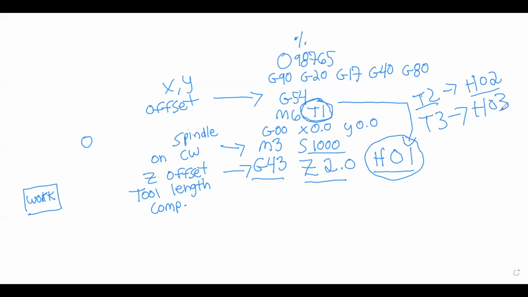And this code, G43, is going to communicate that offset and the difference of length from the machine 0 to the workpiece, and this H value is going to match our tool number and our offsets. And we'll get more into this in the lab, and we'll be using the simulators to set everything up and get you guys familiar and used to setting up tools, and you'll see how the H values correspond with the tool numbers.